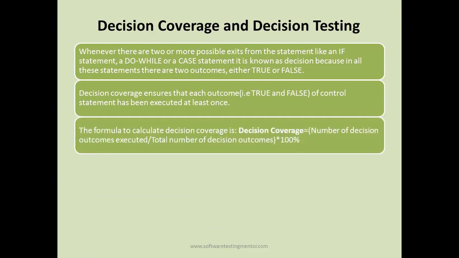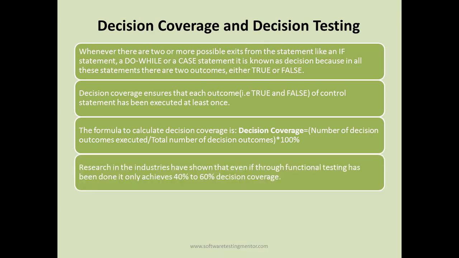The formula to calculate decision coverage is the number of decision outcomes that have been executed, upon the total number of decision outcomes in the software, times 100. Research in industry has shown that even if functional testing has been done, it only achieves 40 to 60% decision coverage.